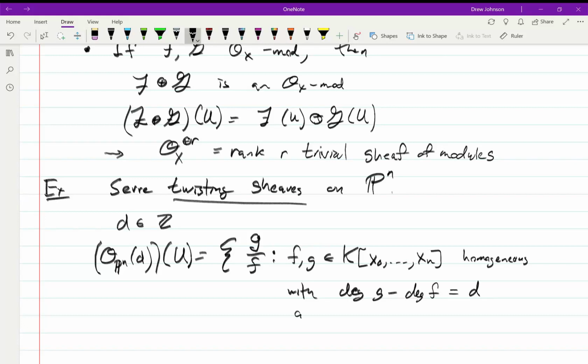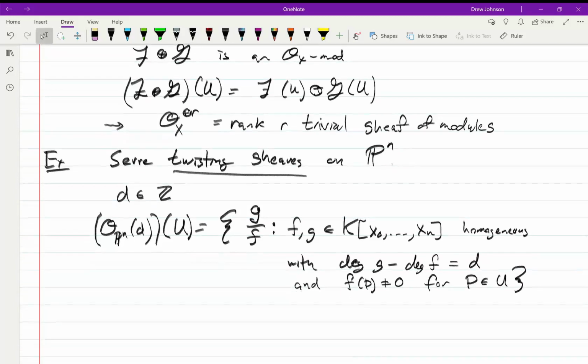Furthermore, we want this to be well defined on U, so we want F of P not equal to 0 on U. Of course these aren't well-defined functions on projective space because they're not degree 0, but at least we want the denominator to be nonzero.